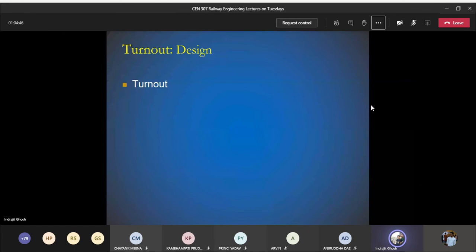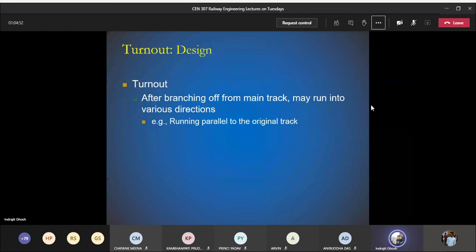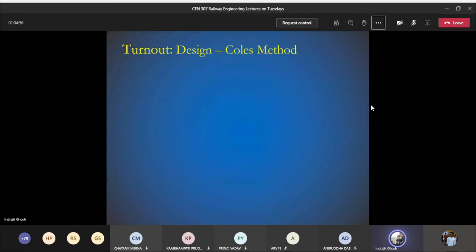Now, as we have discussed earlier, there can be 3 different types of design. There are 3 different methods. First one is Coles method. Coles method is one of the primitive methods from when we did not have a very good manufacturing unit.